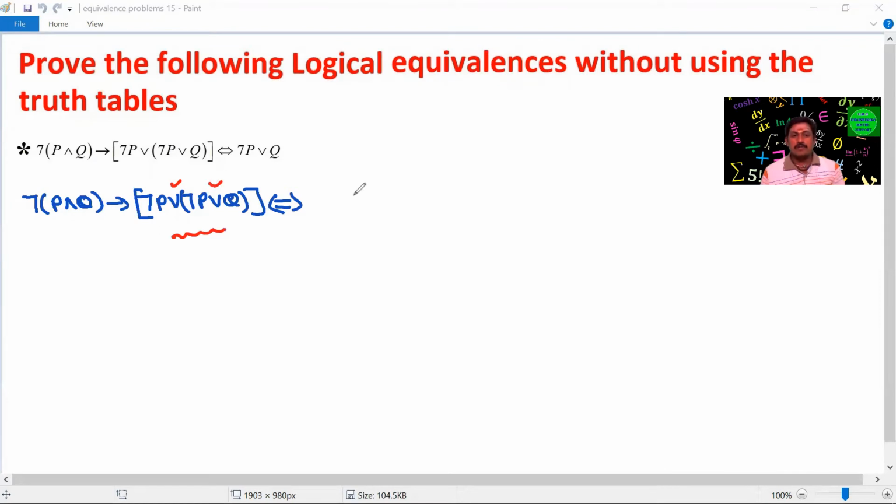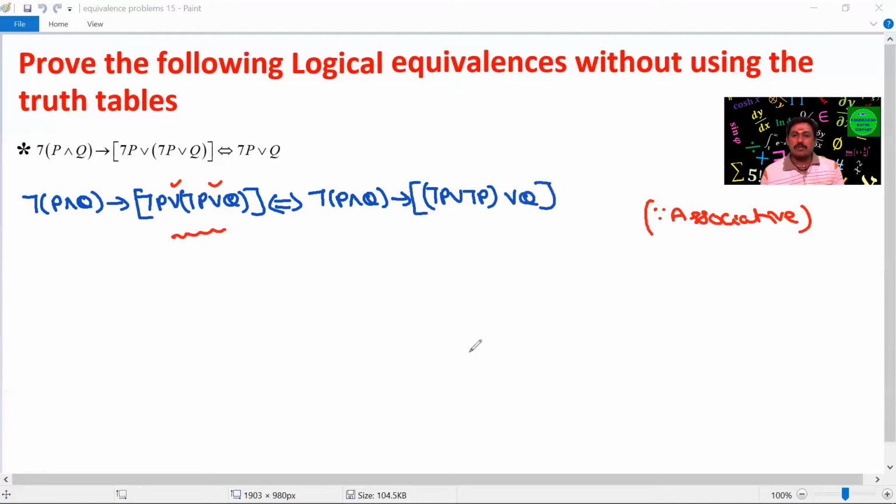We can apply associative law. Not of P and Q, then not P or not P I can combine, or Q. So now if you observe these two terms, it looks like idempotent law. We can write the term as not of P and Q, then this is nothing but not P or Q.